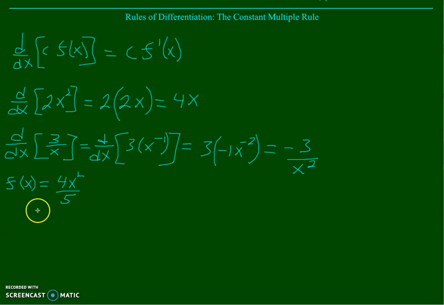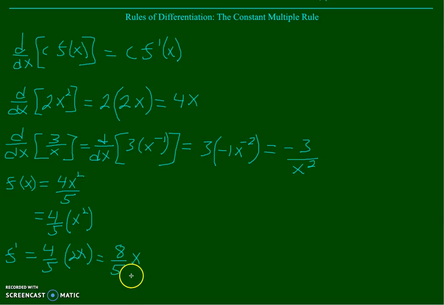Then we'll rewrite this as 4/5 times x squared, and f prime will be 4/5 times, pull down the 2, x, subtract 1. 4 times 2 is 8 over 5 x, 8/5 x.